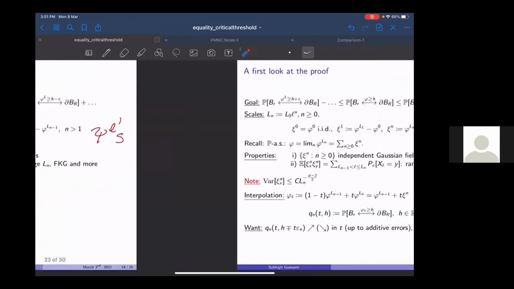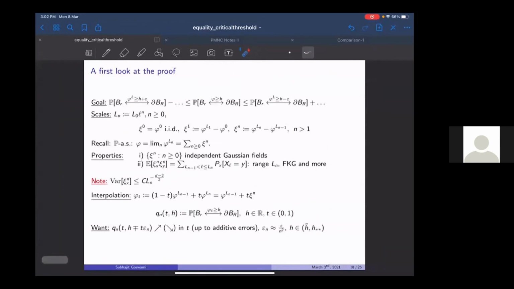Okay. So what is the idea? The idea is that let us look at these connection probabilities and slowly scale up the range of dependence. Okay, so that's the idea, and somehow transfer this kind of comparison along the way.